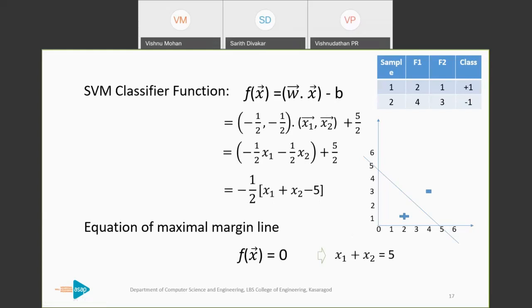That means if you put x1 to 0, x2 will be 5, and if you put x2 to 0, x1 will be 5. So you'll be getting a line like this. That is the final equation you have.